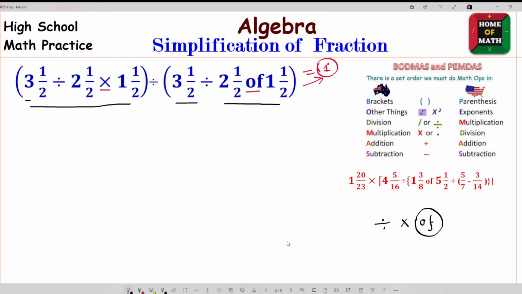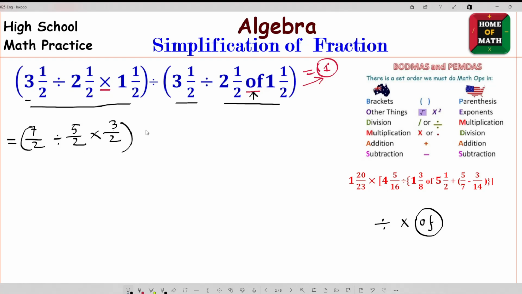Okay, so here is division, but we will not do it first. We should close the 'of' first. This is all mixed fractions, so we can write 3 times 2 is 6, plus 1, so 7/2 ÷ 5/2 of 3/2.